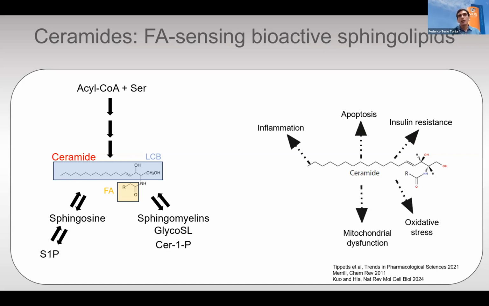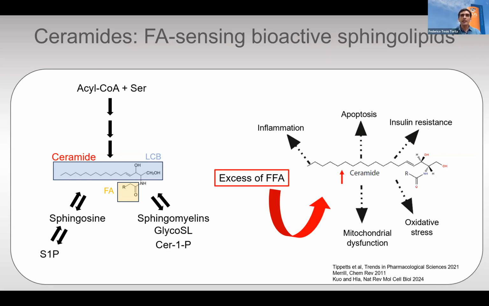Now, when we have an excess of free fatty acids at the tissue level, such as in obesity, for example, what happens? They can either be stored as triglycerides, or they can be used to produce energy.